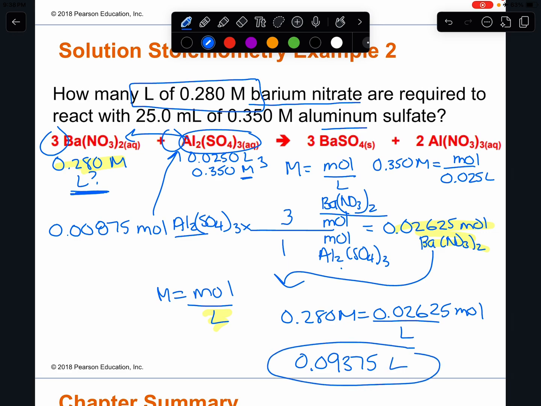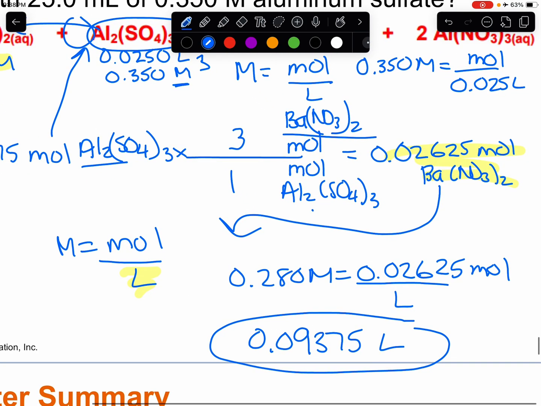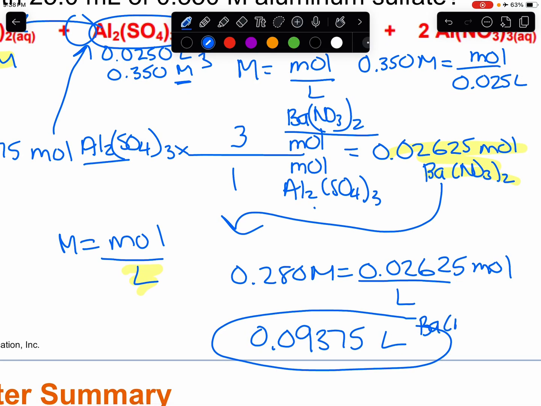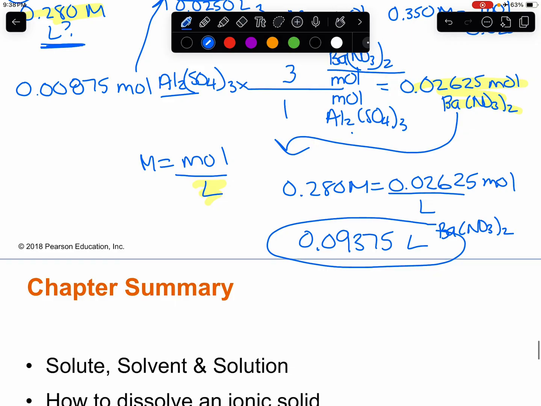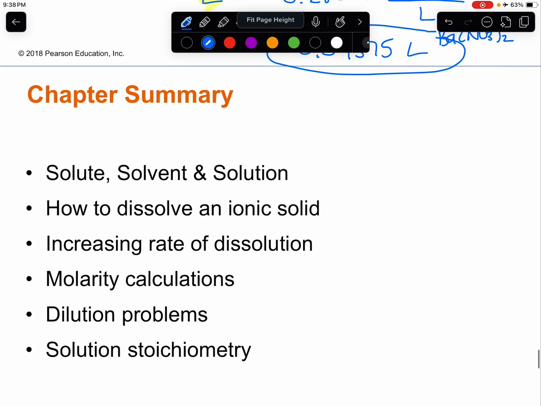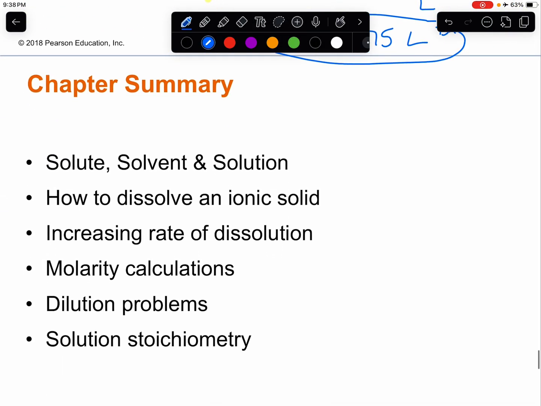I know I went over a couple sig figs there. Liters. Okay, so that means how many liters would I need to react with that? It would be about 93.75 milliliters, or 0.09375 liters. Okay, and let's throw our unit on here of barium nitrate, Ba(NO3)2. Always good to do a unit whenever we're working with dimensional analysis in terms of solutions.